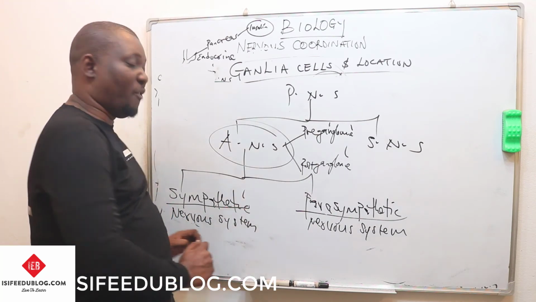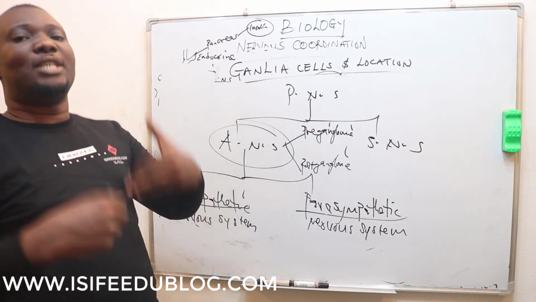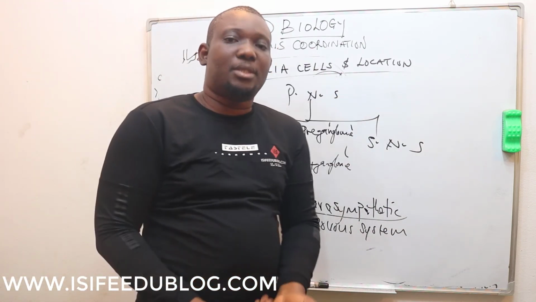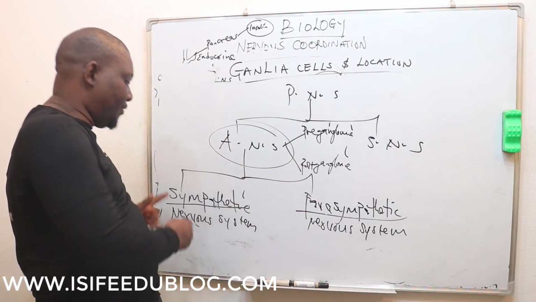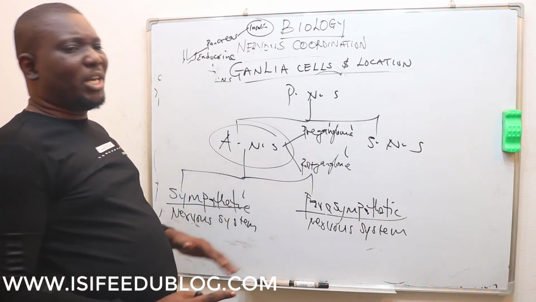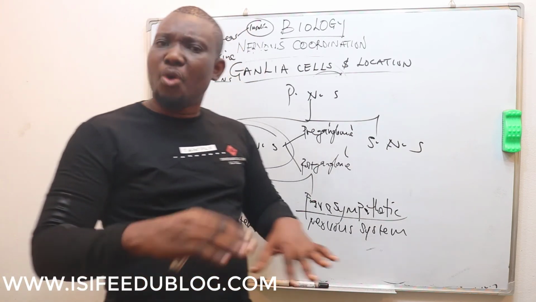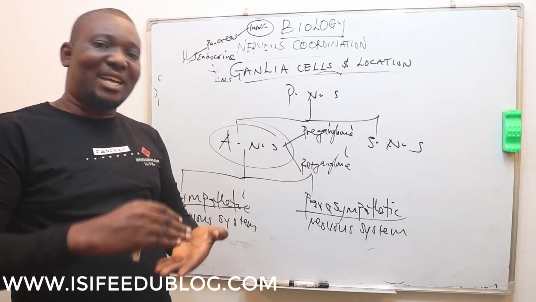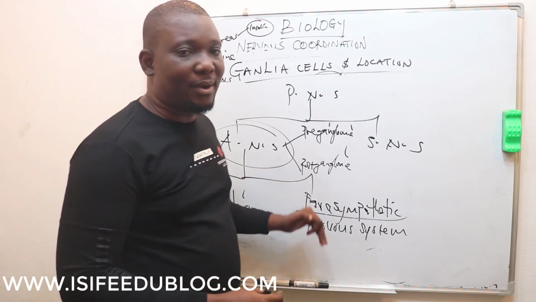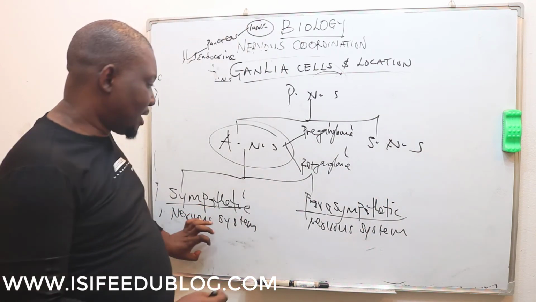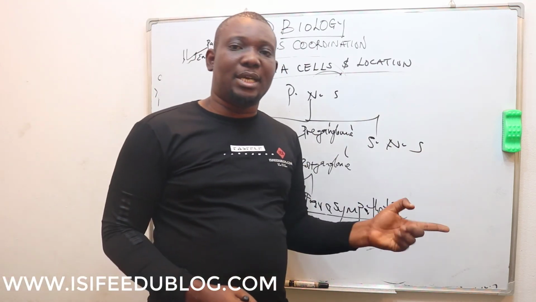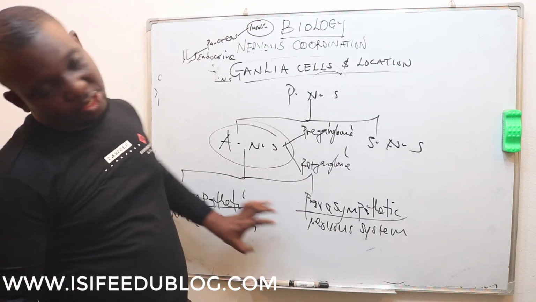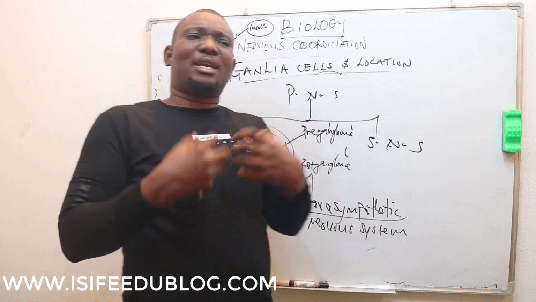And because of the activation of the sympathetic nervous system, there will be an increase in heartbeats. But whenever you are sitting down, relaxing or digesting, your heartbeat is normal because what is being activated is the parasympathetic nervous system. So when the sympathetic is increasing your heartbeat, the parasympathetic is decreasing your what? Heartbeats.